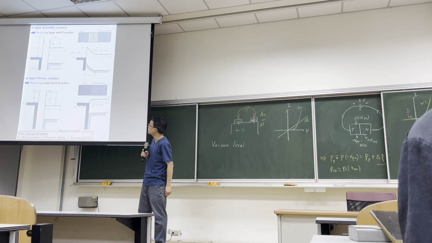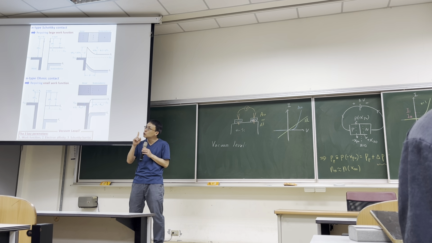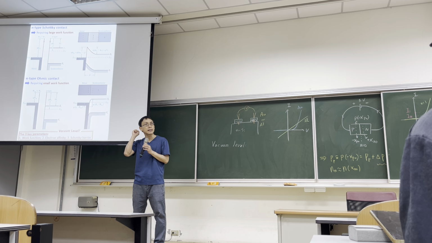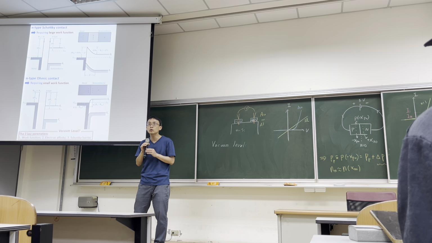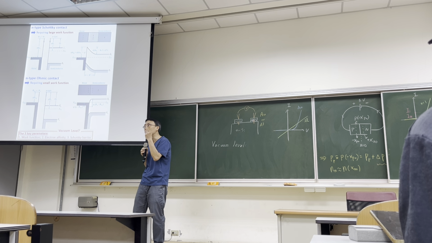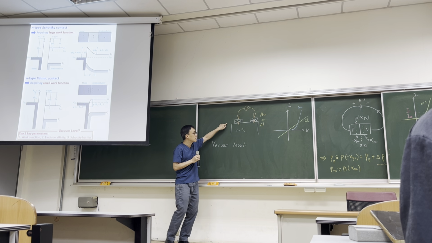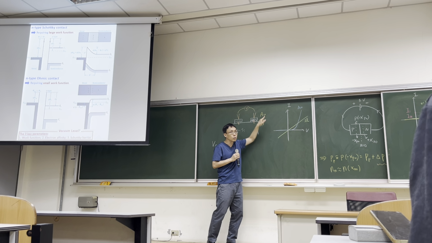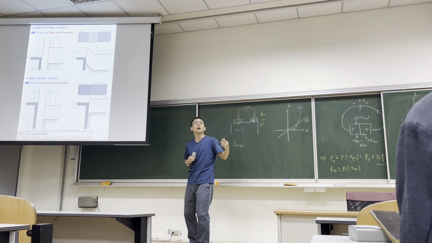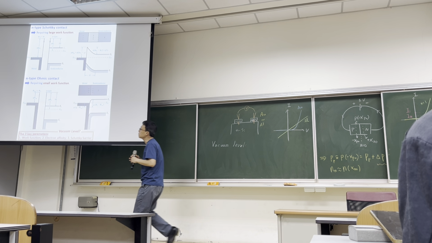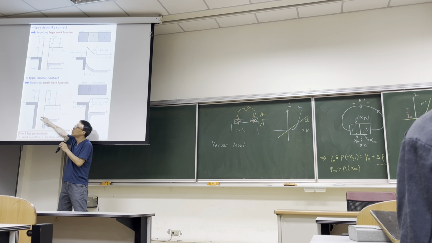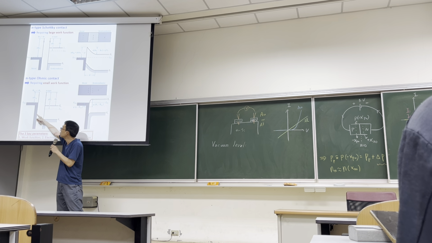So here we see, if you choose the same n-type semiconductor, same doping, but you choose two different metals to make the contact, for example aluminum and gold. Aluminum has a small work function, so this is the situation for the aluminum.